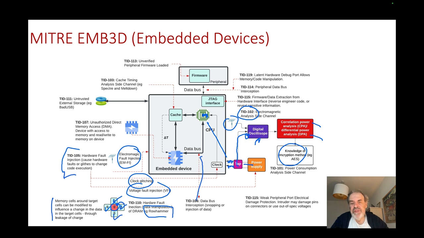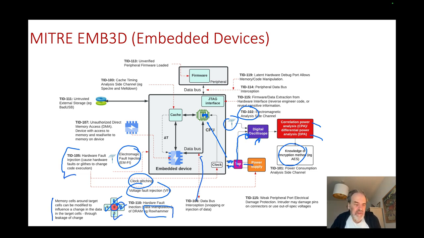We can obviously snoop on the data bus. If we're able to get a probe onto the chip and into the data bus, we could listen to the communications, and obviously we could even try and inject data into the data bus to cause the CPU to take incorrect data.